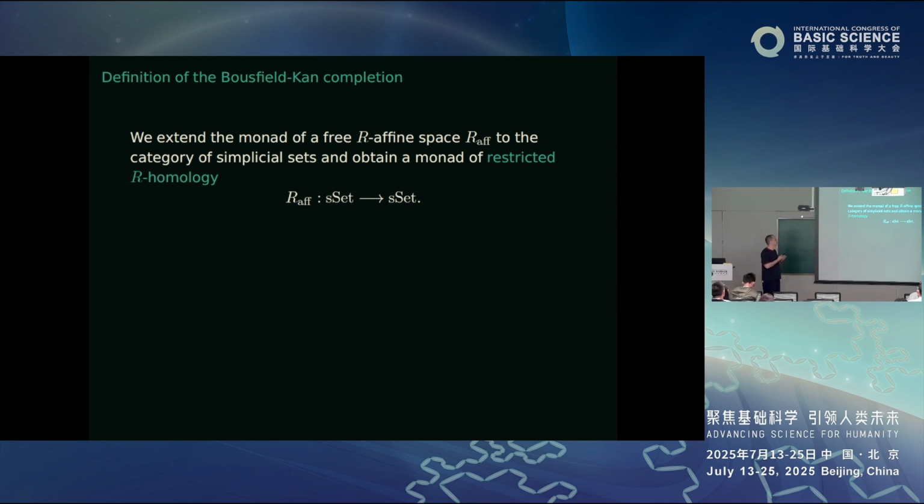Here we extend this monad to simplicial sets, just level-wise, and denote it by the same letter, RF. This is also a monad, and it sends a simplicial set to a new simplicial set whose homotopy groups are the restricted homology groups of the original simplicial set.